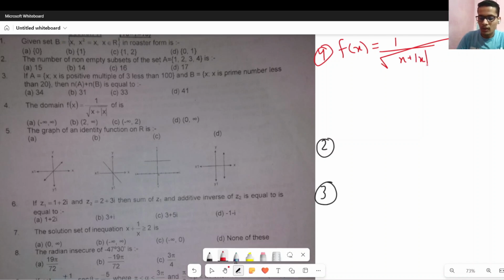Now, for finding the domain of this function, we have to find the set of all values of x which make this function defined, for which this function is valid.